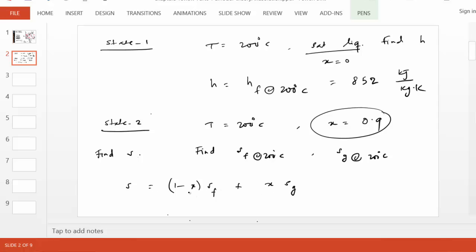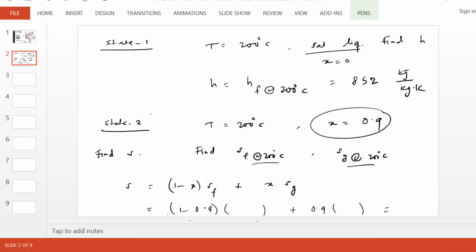So this is a standard formula used for any mixture, where if you know the quality and the property at the F and G points, then it's very easy to find entropy or enthalpy or any other property for the mixture. So suppose the question is find S in this case. We'll find these two values, substitute them here, 1 minus 0.9, pick up Sf and Sg, and that'll be our answer.